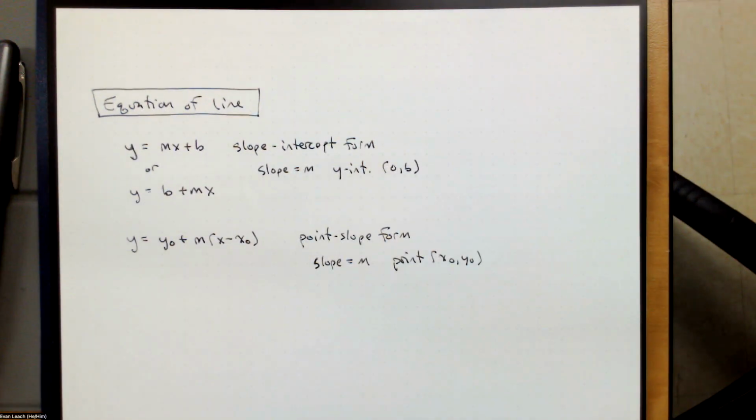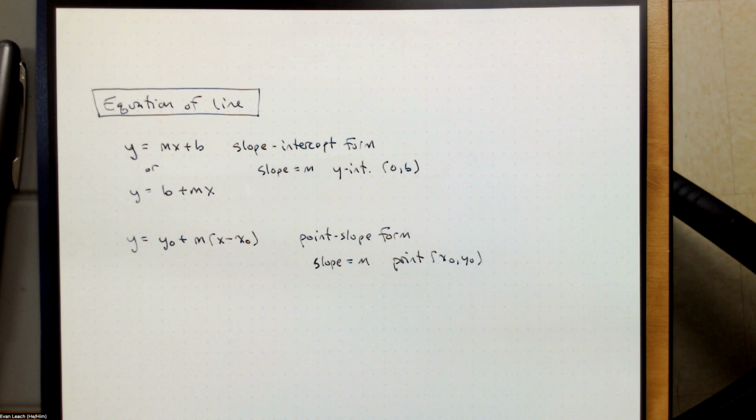So the point slope form is y equals y naught plus m times x minus x naught. If we just choose x naught to be 0, then y naught will be the y-intercept, and we call that b.